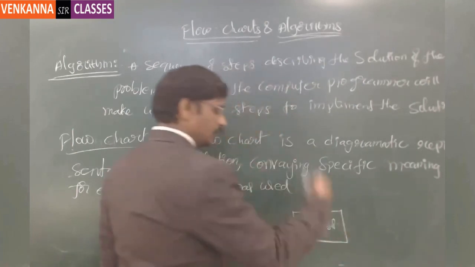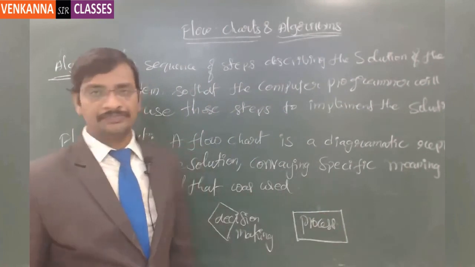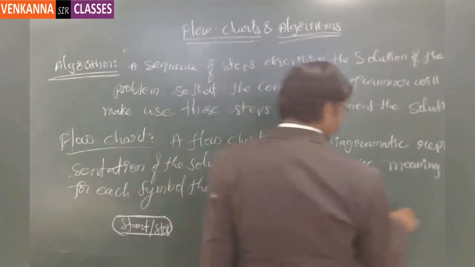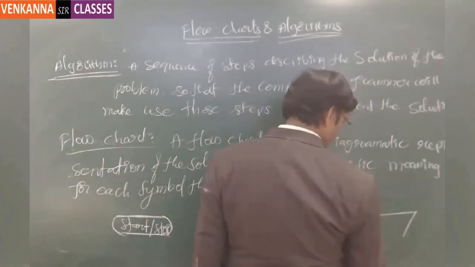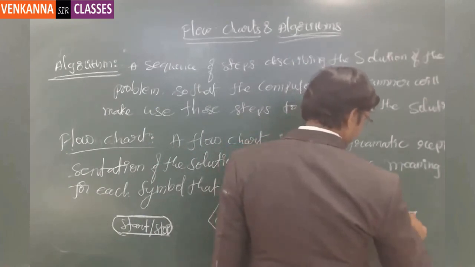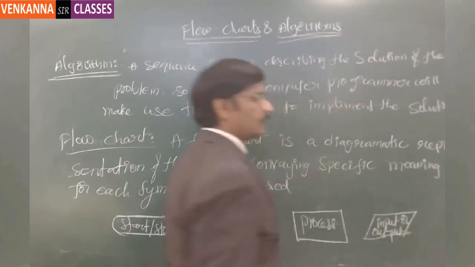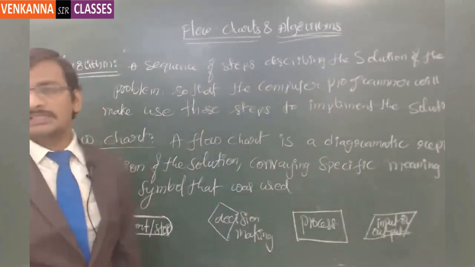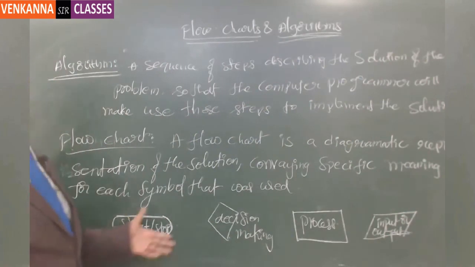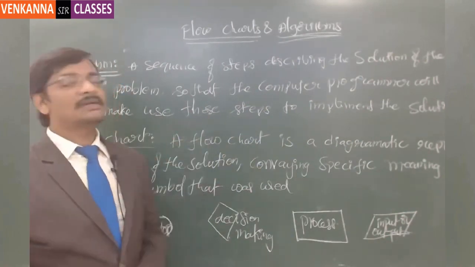Process meaning if you want to implement a specific step, you can write it in this rectangle. And a parallelogram is used for input or output. Right? So these are the standard symbols used to implement a flowchart. Got it? So this is flowcharts and algorithms.